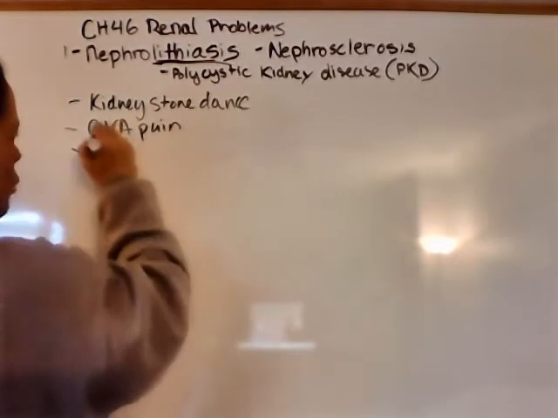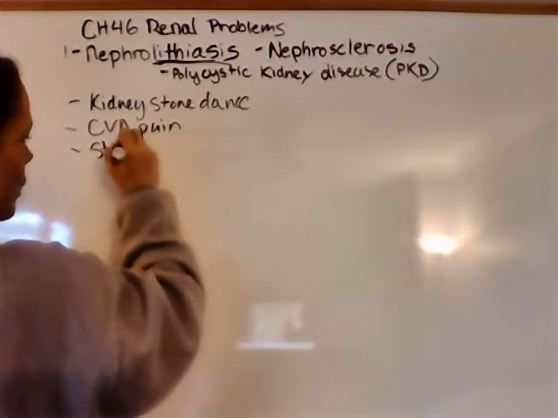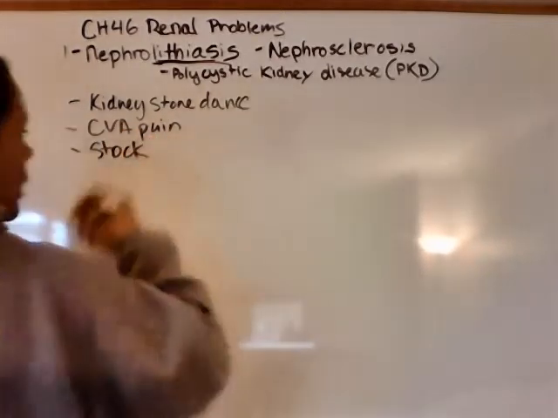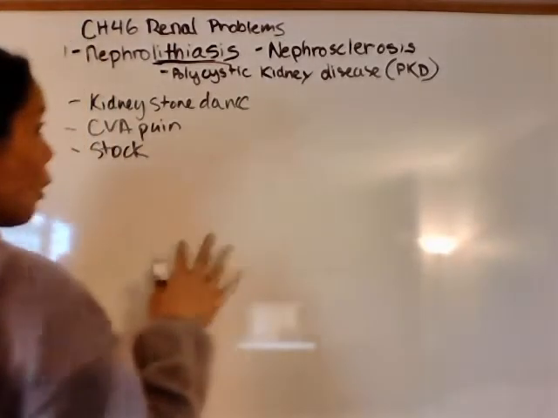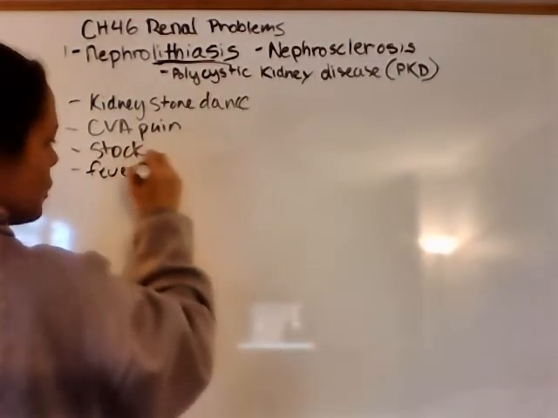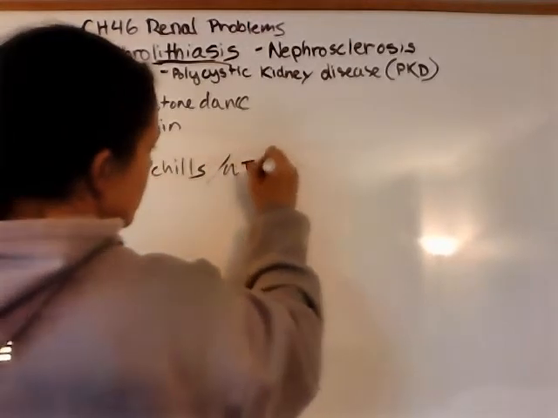You can also have shock-like symptoms. So pale, clammy, rapid heart rate, things of that nature, fever, chills, all depends on the severity of it. You may have UTI symptoms.